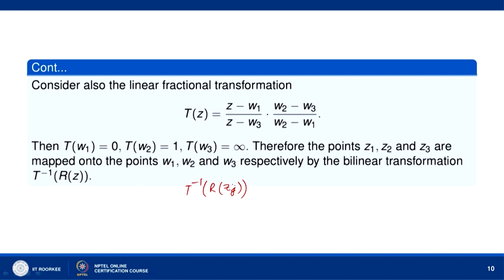So, Rzj goes to 0, 1, infinity and 0, 1, infinity under T inverse go to Wj. Therefore, the points Z1, Z2, Z3 are mapped to points W1, W2, W3 respectively by the bilinear transformation T inverse Rz. T inverse Rz is a bilinear transformation because T is a bilinear transformation, its inverse is a bilinear transformation, and then the composition with R is also a bilinear transformation.